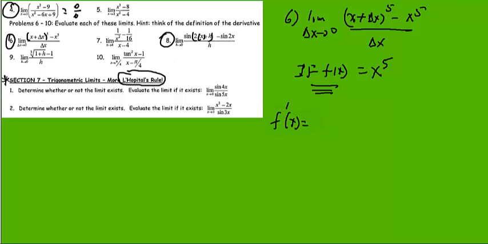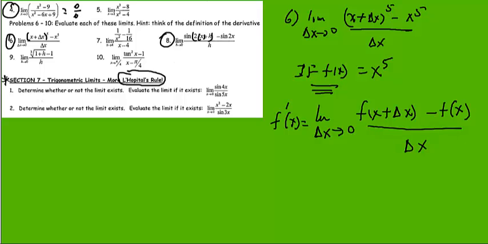F prime of x is equal to the limit as delta x goes to 0 of f of x plus delta x minus f of x, all over delta x. That's what you would use.